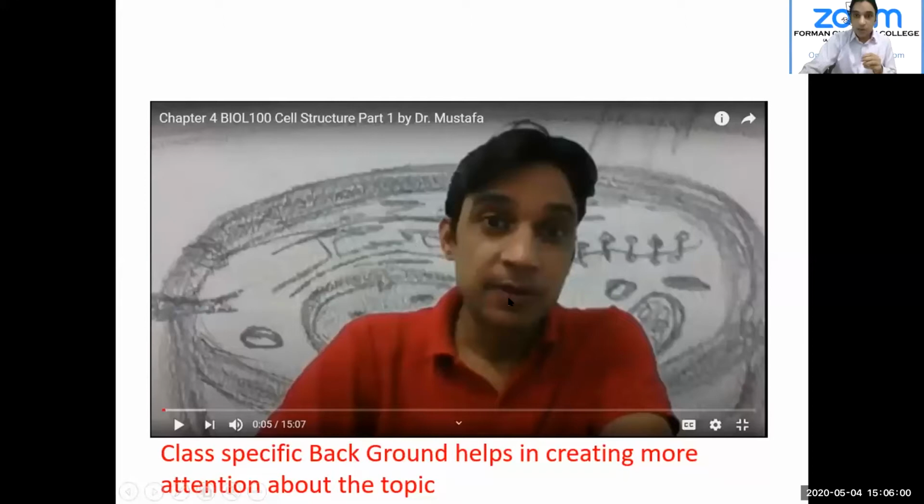I drew that background by myself, and I am not a very good artist, but somehow this picture gives my students a sense that I am talking about the cell structure and something related to them. This is some sort of extra attention, or I must say eye-catching stuff for my students. They should think and wait to see what will be on my background in the next class, what I will give them next.